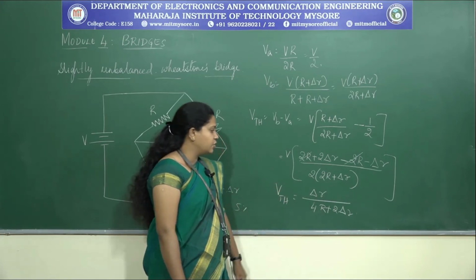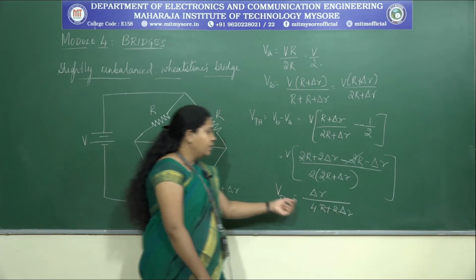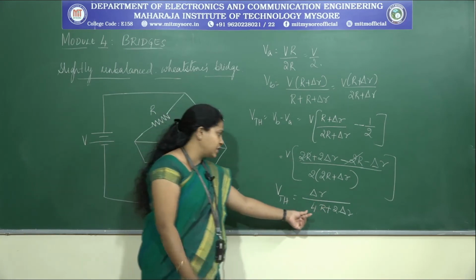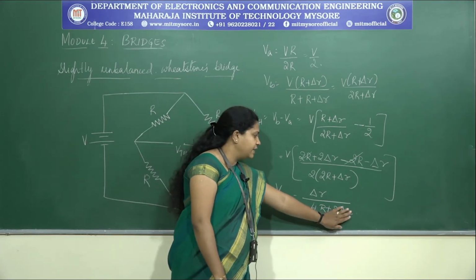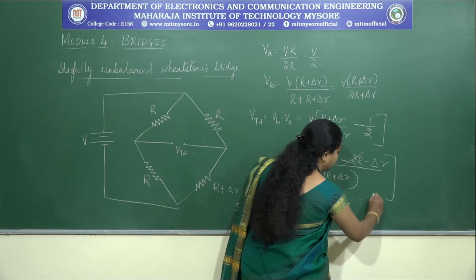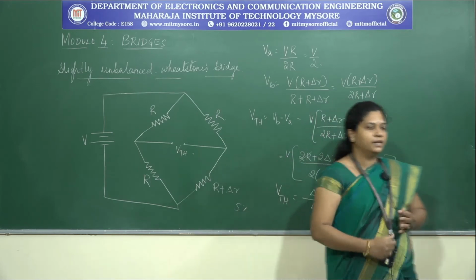So in the denominator, 4 times the kilo ohm plus a small change, 5% change means a very small amount. Can we neglect this term here? So can we write it as delta R divided by 4R? Yes.